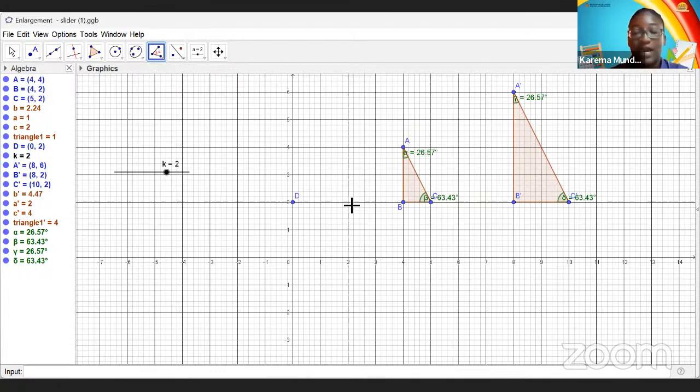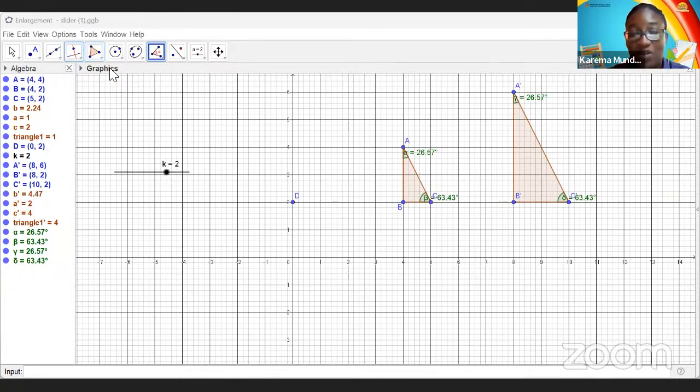Remember, in the previous session, Miss would have spoken about congruent, and she mentioned that the angles were the same and the lengths were the same on both the object and image. And she said, when that happens, it's congruent. Are we seeing that happening here? No. Okay. So we can say that in this case, we're not seeing congruence.